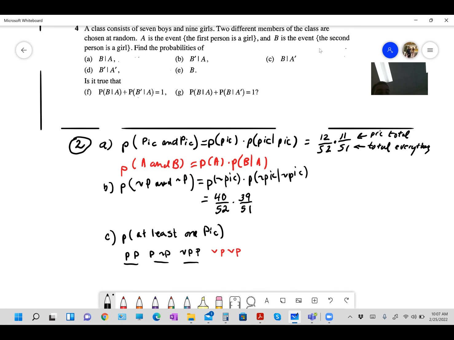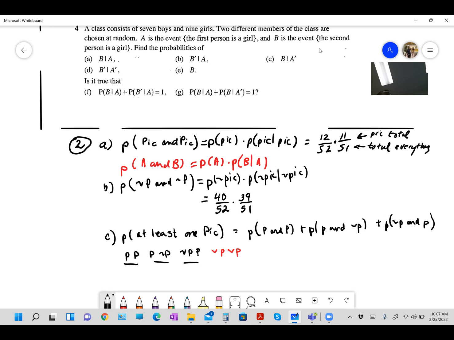So in theory, the probability of at least one picture card is going to require you to take the probability of picture and picture plus the probability of picture and not picture plus the probability of not picture and picture.